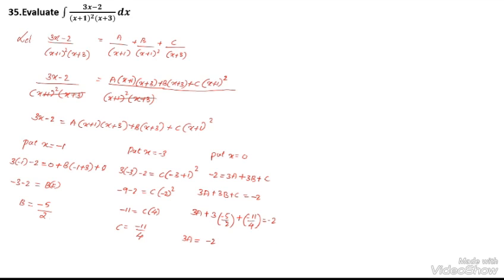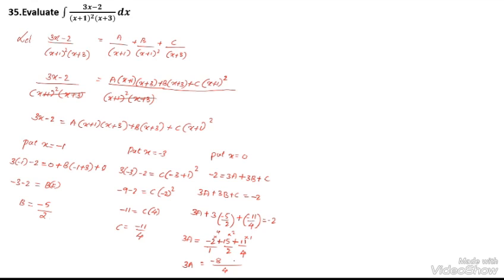Minus 2, here 3 into minus 5 by 2 is minus 15 by 2, which on the right side becomes plus 15 by 2. Minus 11 by 4 becomes plus 11 by 4. Taking LCM, which is 4, we get 3a equals minus 8 plus 15 into 2.